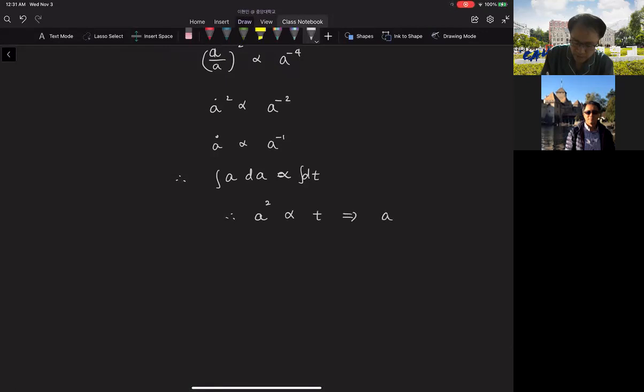Therefore, the scale factor is proportional to the square root of time in this case. So this is the case for radiation.